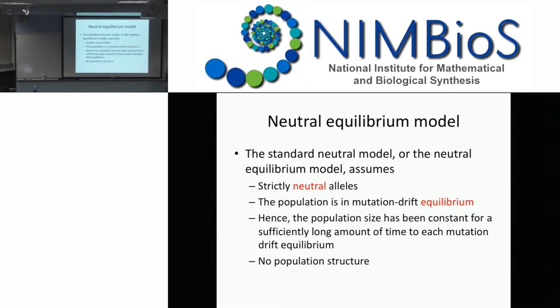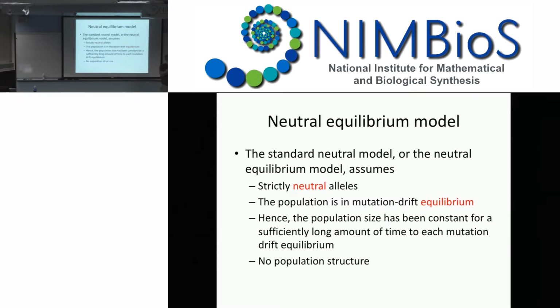Under the neutral equilibrium model, we assume strictly neutral alleles, and we assume the population is in mutation-drift equilibrium. Think about a pool with an adjustable drain. If right now I take that pool and adjust the drain, it's not in equilibrium. It hasn't run long enough.